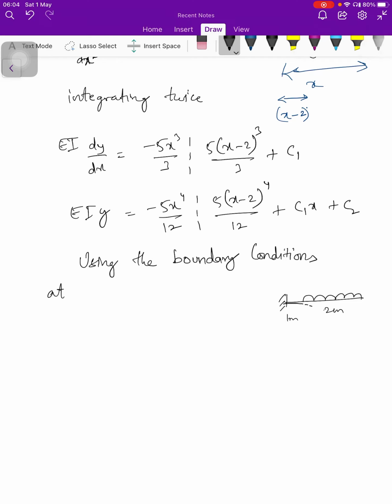The deflection profile will be like this, such that you have maximum deflection and slope at the free end, and zero slope and zero deflection at the fixed end. So at A, this is A, this is B.